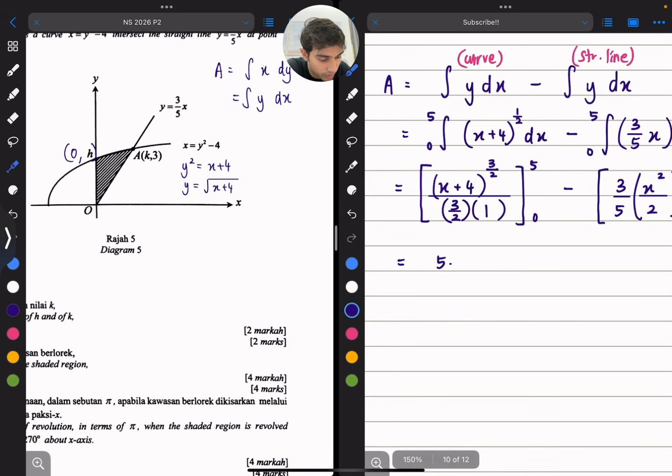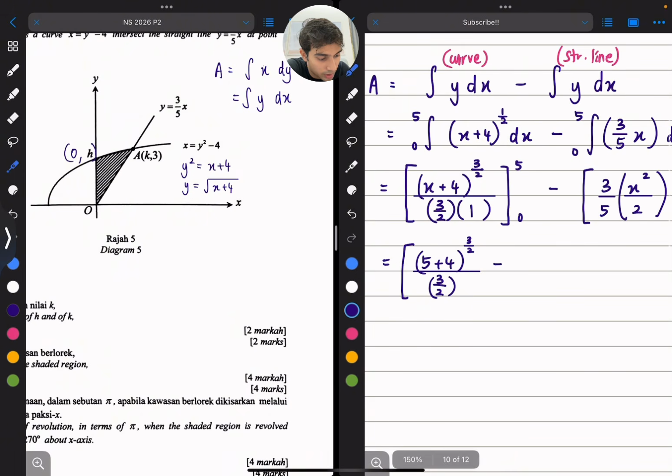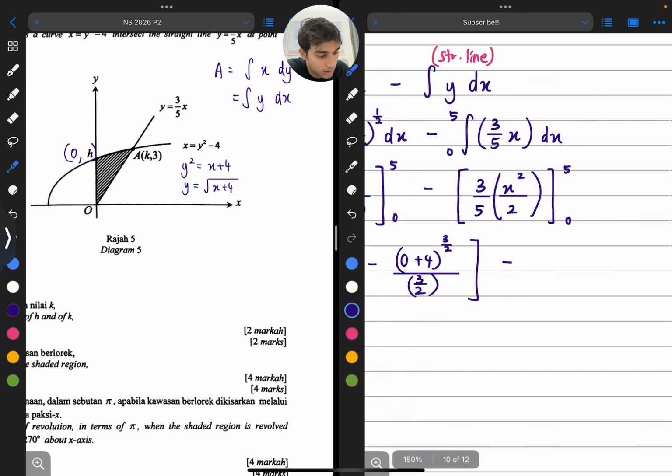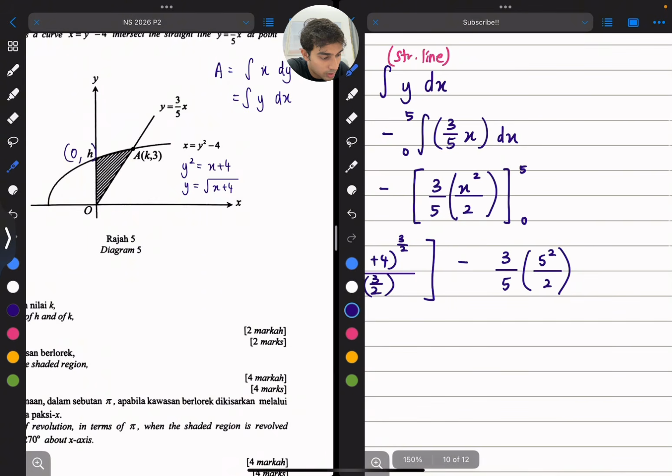So 5 plus 4 power 3 over 2 over 3 over 2, minus 0 plus 4 power 3 over 2 over 3 over 2, minus 3 over 5 times 5 squared over 2, minus 0.